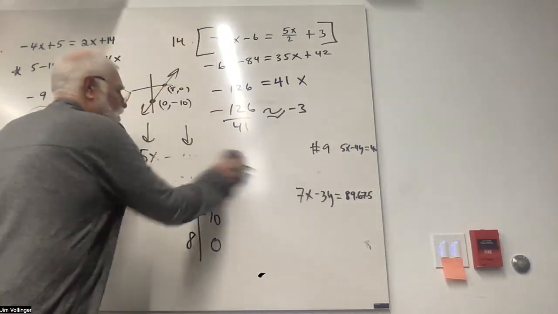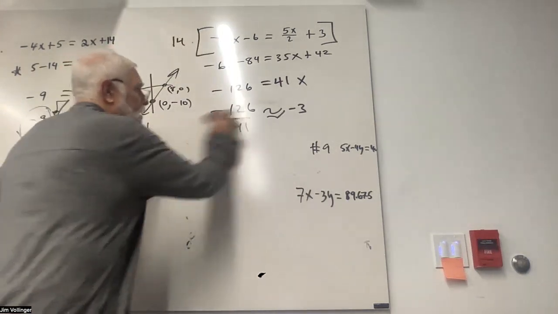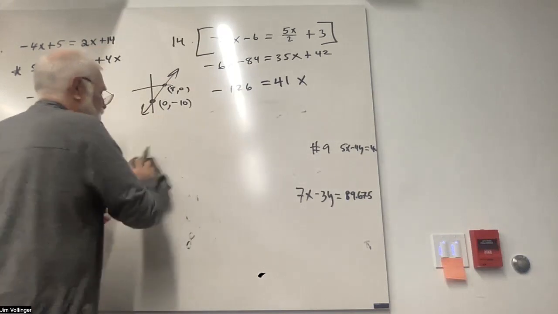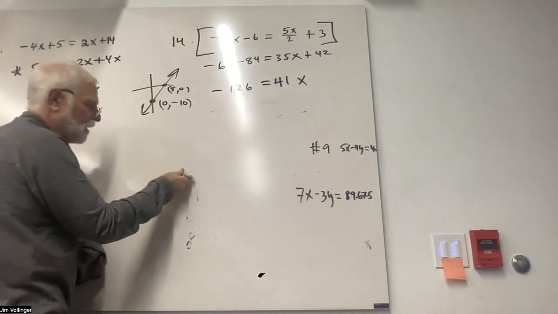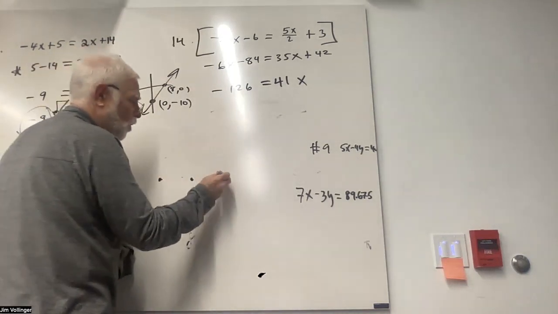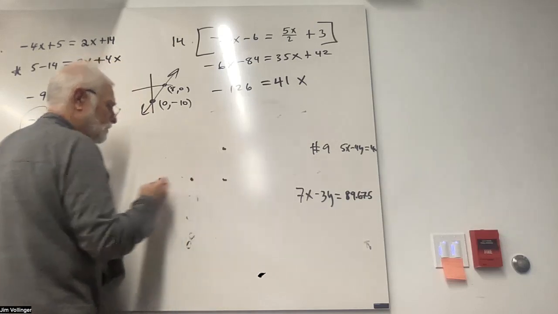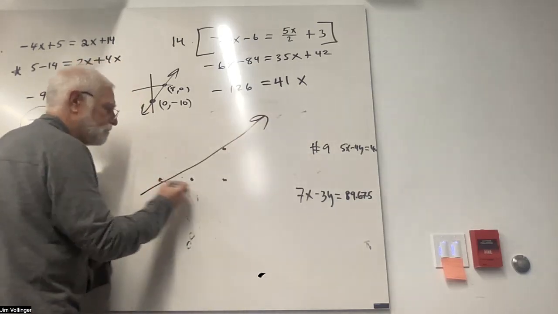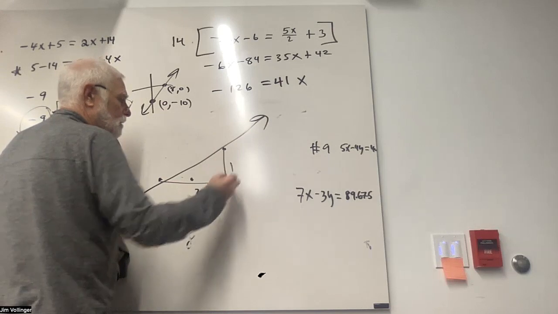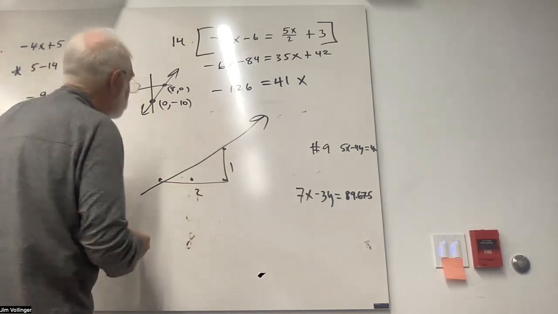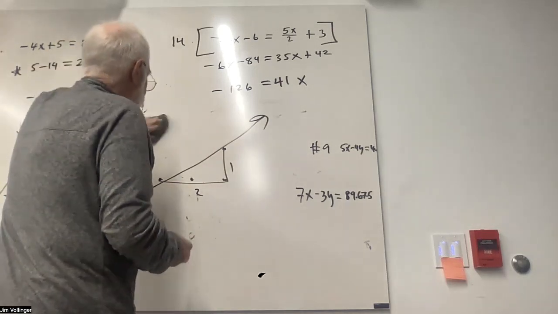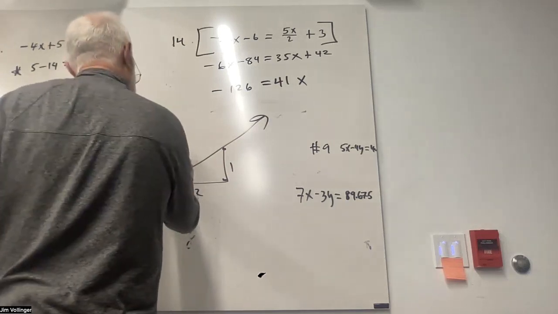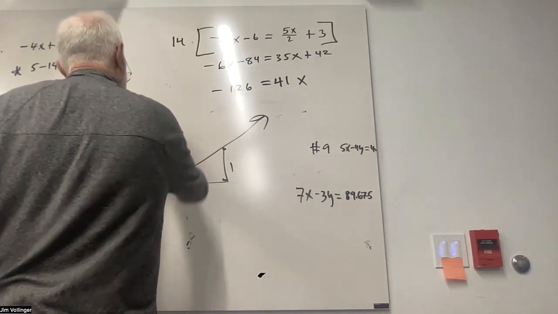Perpendicular, let me just show you the relationship of perpendicular. That's all I want to do right now. Let's go over 2 marker lengths and up 1. All right, so that's over 2 up 1. All right, perpendicular, 90 degrees. That's about 90 degrees, I think.